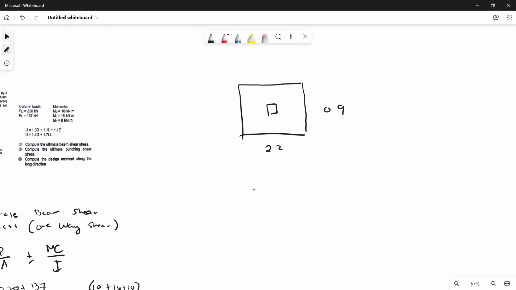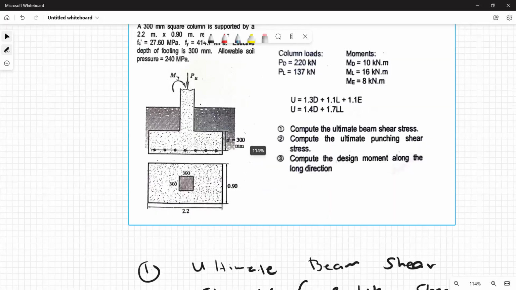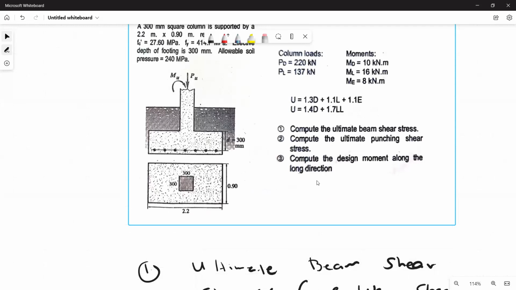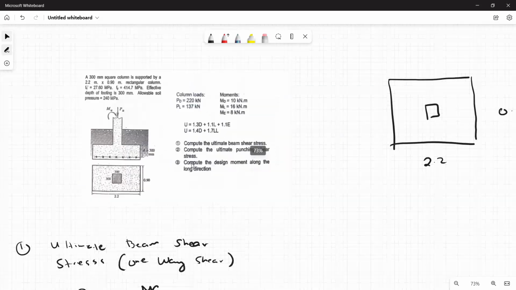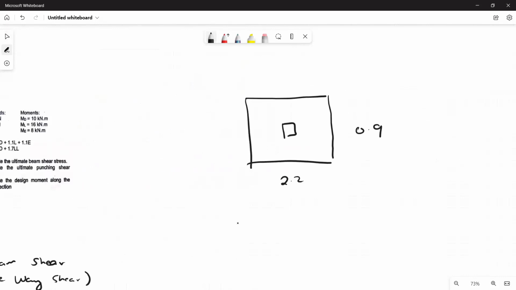Based on the drawing, yung MU nyo is on the y-axis. So, ganyan yung MU nyo.